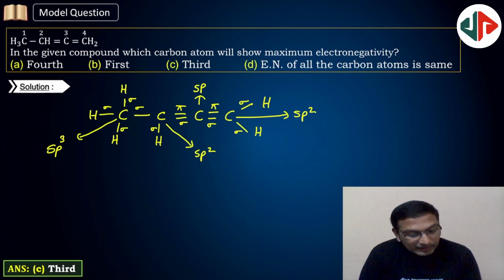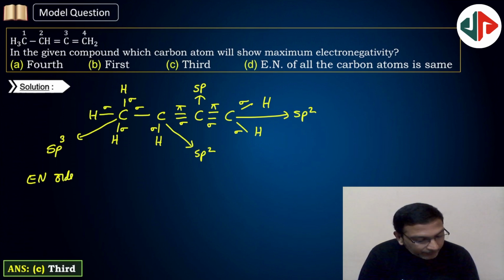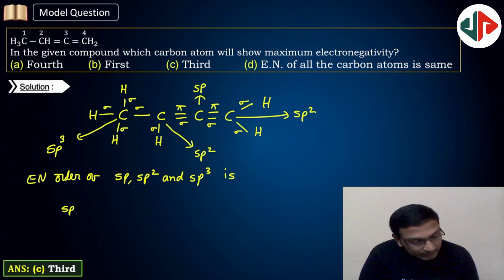See, in the given compounds, which carbon will show maximum electronegativity? The electronegativity order of hybrid orbitals, that is sp, sp2 and sp3, is sp3, sp2 and sp.